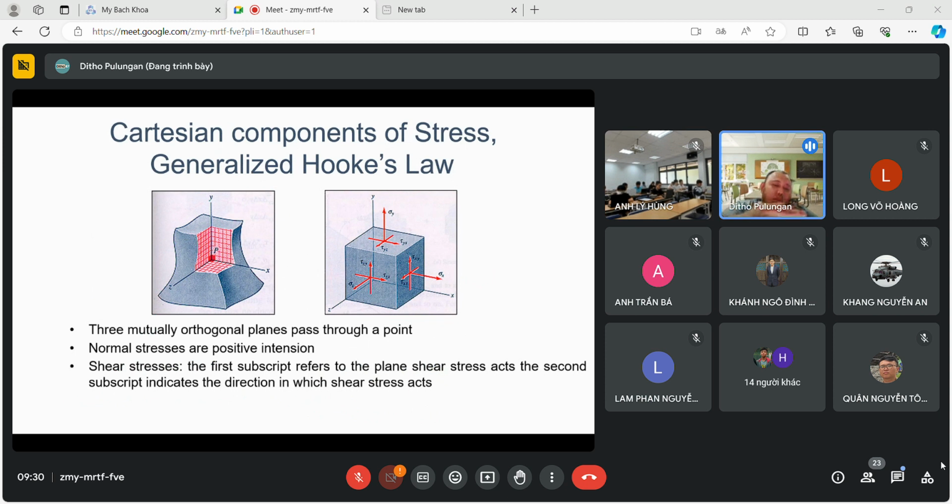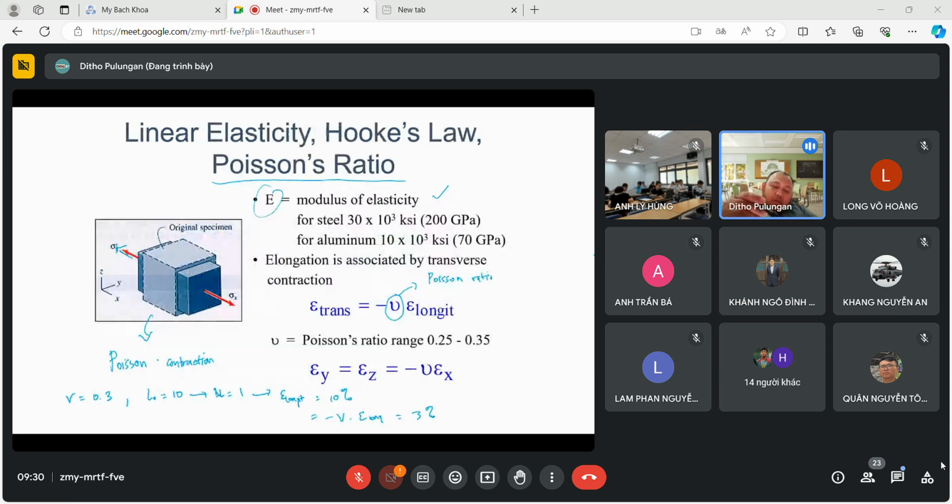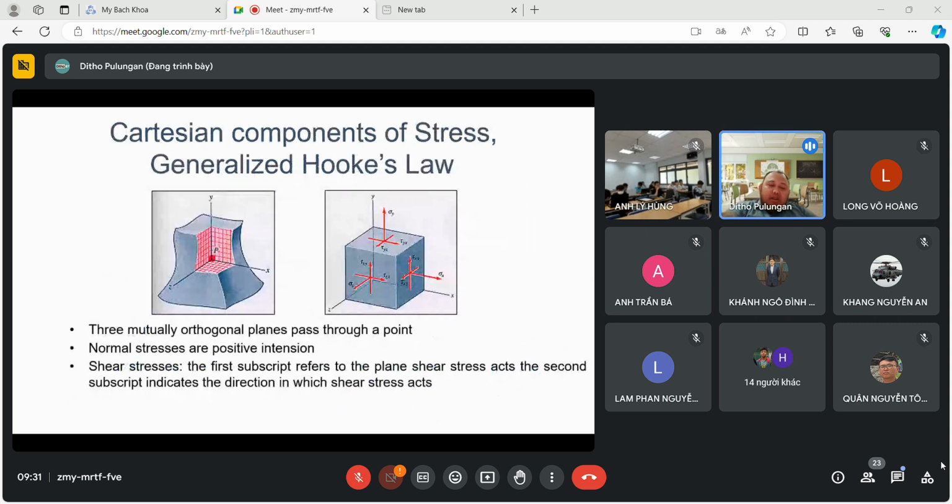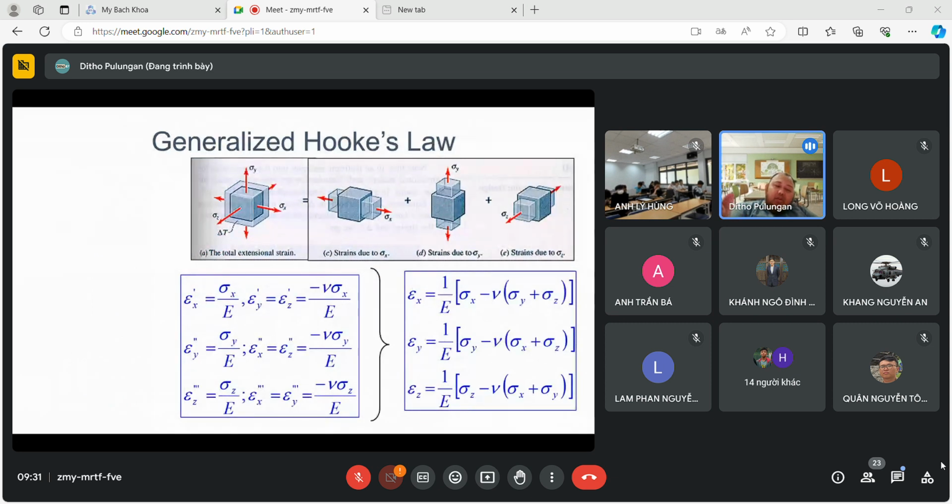What we learned before, for example sigma equals E times epsilon, is called Hooke's law, but this is one-dimensional Hooke's law. In real cases, we never live in 1D. The real world is three-dimensional. In three dimensions, Hooke's law is given like this.